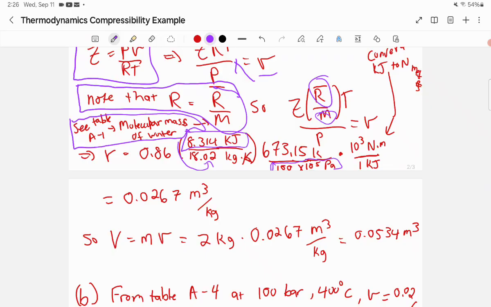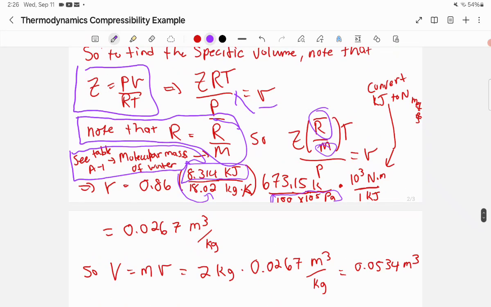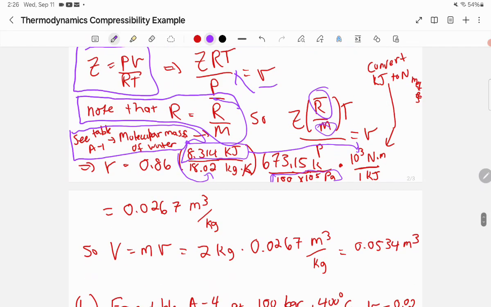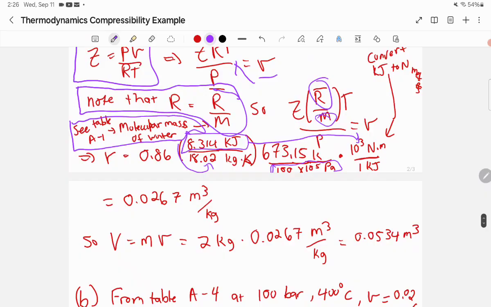Then we're also going to have to convert the kilojoules that we found here to Newton meters as well. Obviously that's 10 to the third, because it's kilojoule, right? So 10 to the third Newton meters per kilojoule.